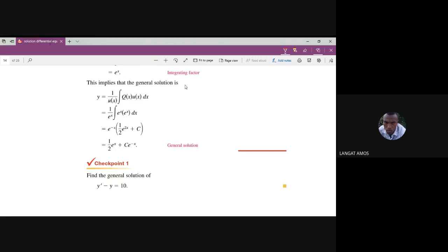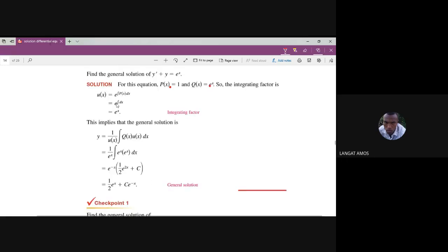This implies that the general solution is 1 over u raised x, which is 1 over e raised x. The qx in the first equation was e raised x.